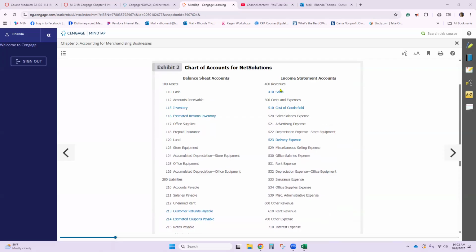Our new revenue account is now called sales instead of fees earned. We have a new account called cost of goods sold. That is considered an expense, but it is also mainly thought of as a cost. This is what the items cost that we are going to sell.